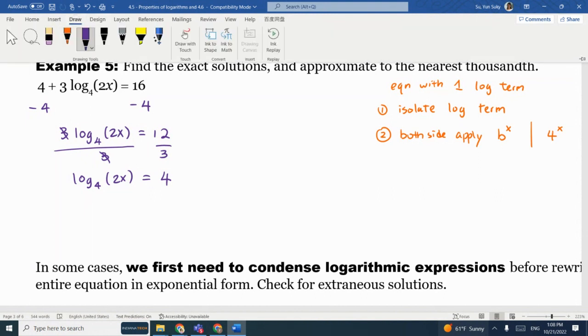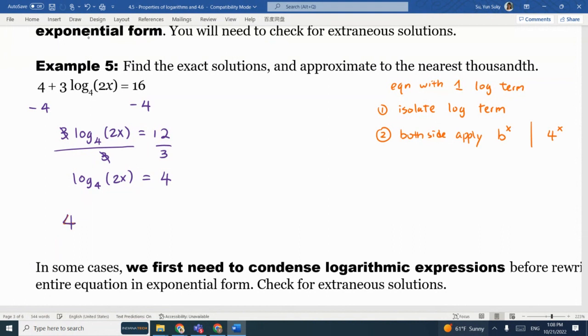That means 4 to the log base 4 of 2x equals 4 to the 4. Log and exponential functions are inverse, so they cancel. So the left hand side is 2x, and 4 to the 4.